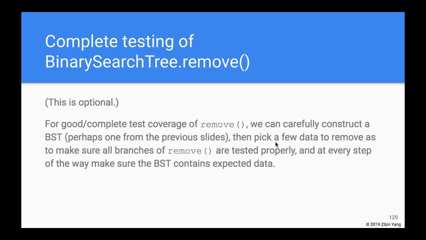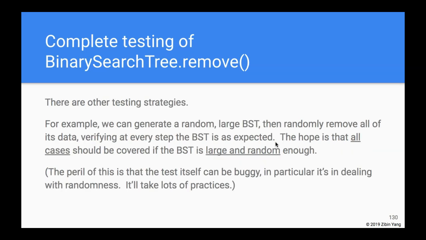I'm going to show you a different strategy that is optional, but I think it's good to know. So what I'm going to do is I'm actually going to generate a random large binary search tree, and then we start randomly removing its data one by one until they're all gone.